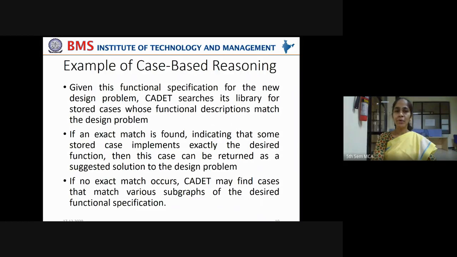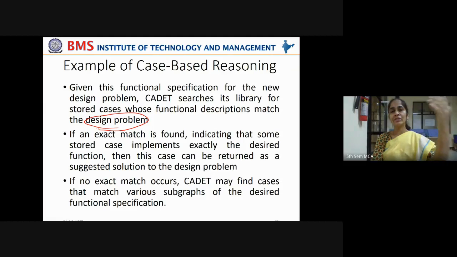For the new design problem, now CADET searches its library. There is an existing library with 75 designs that have successfully solved problems with similar features. CADET searches its library for stored cases whose functional descriptions match the design problem.